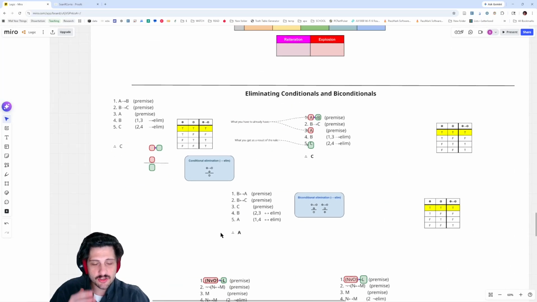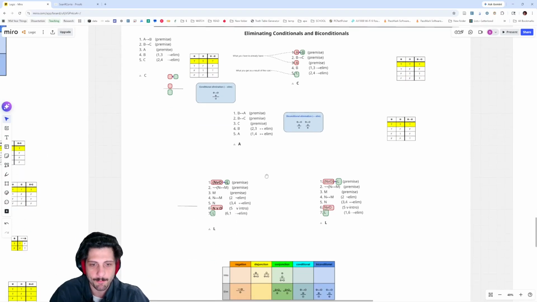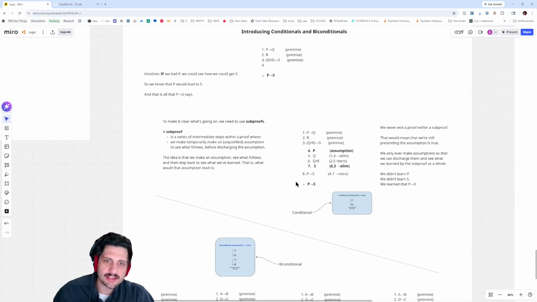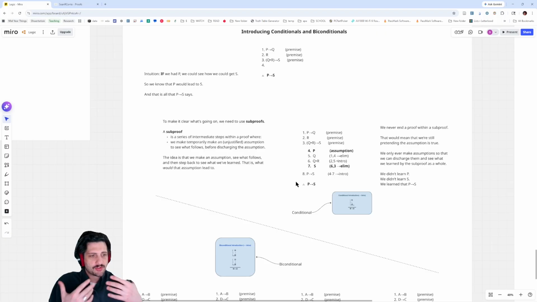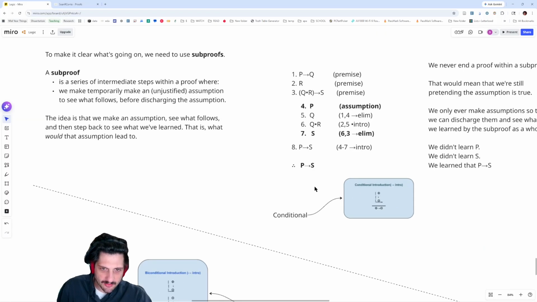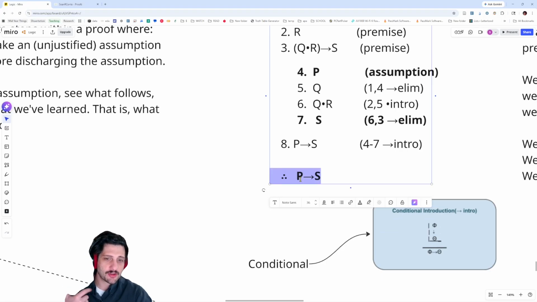So really, this is just building on the sort of things that we already have been working with for weeks at this point. The real new thing here is just this idea of subproofs. This idea that we're going to temporarily assume something just so that we can stop assuming it at one point and show what we've learned as a result. And as long as you can get on board with that, conditional introduction is just the most natural or intuitive way of doing this.